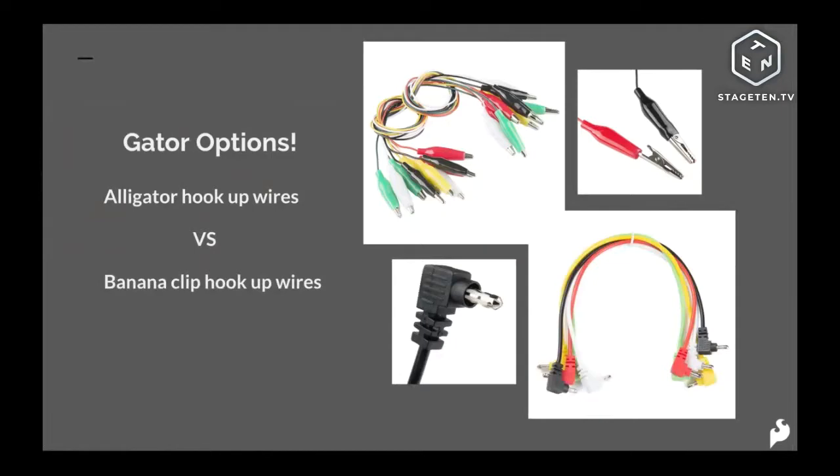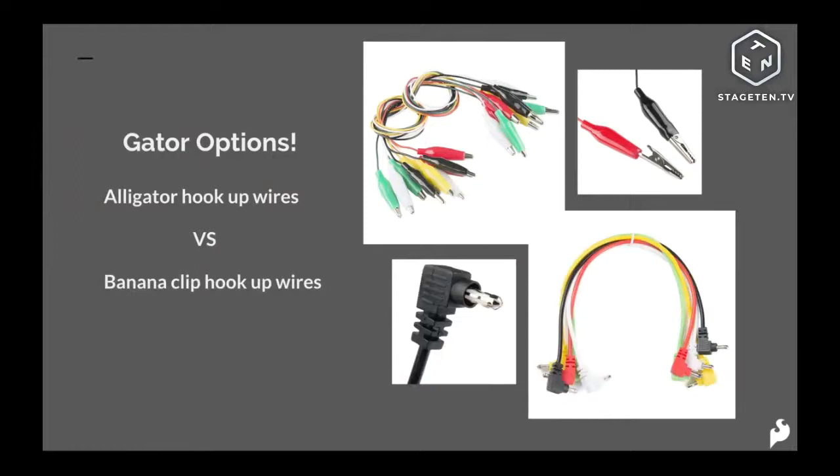Some Gator options. A couple of things that we look at: alligator clips are wonderful, but still sometimes a little hard for little hands. Even I sometimes have a hard time opening alligator clips. They get slippery sometimes.